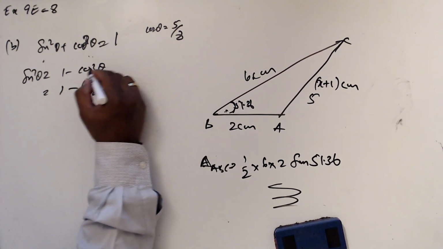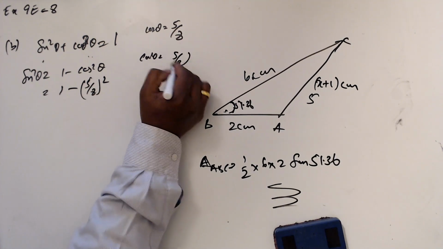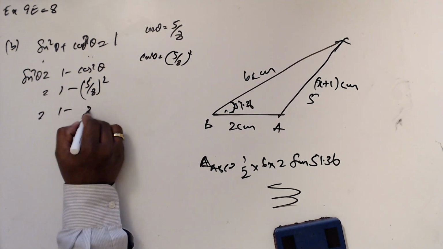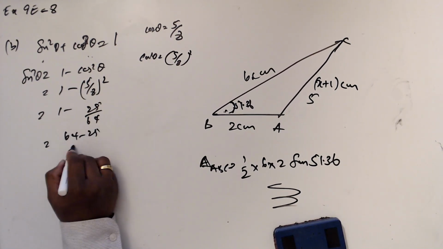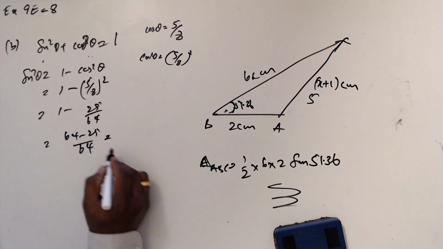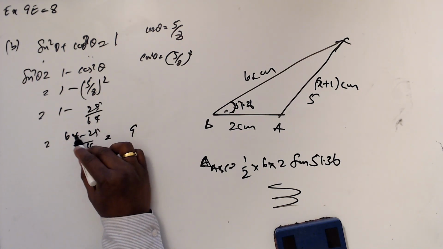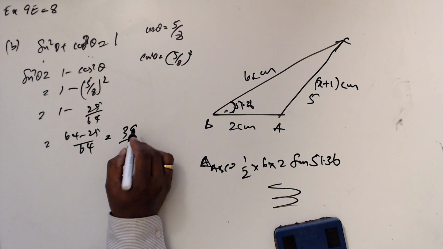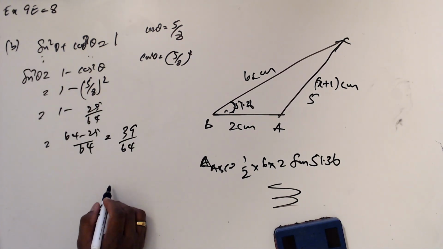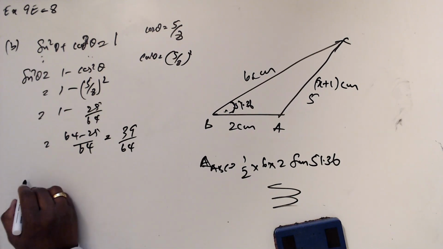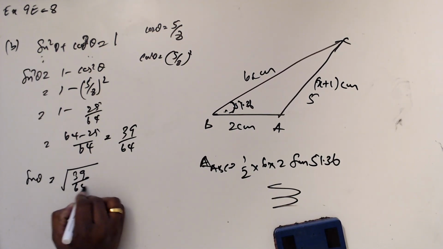Cos square theta means (5 over 8) square, 25 over 64. 64 minus 25 over 64, 39 over 64. So sine square theta equals 39 over 64. And sine theta equals square root of 39 over 64.